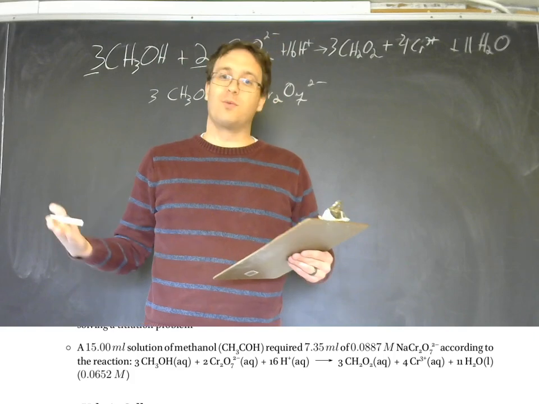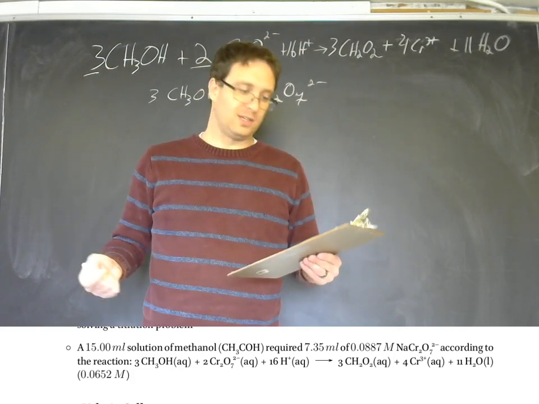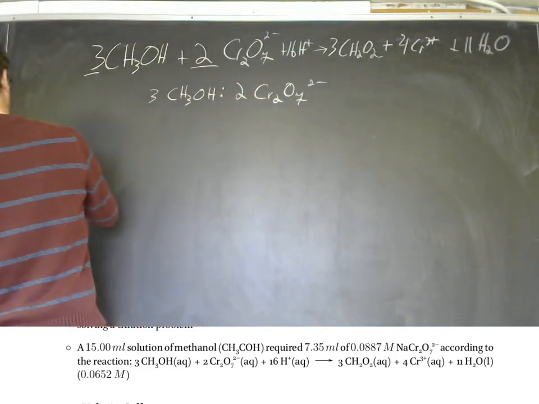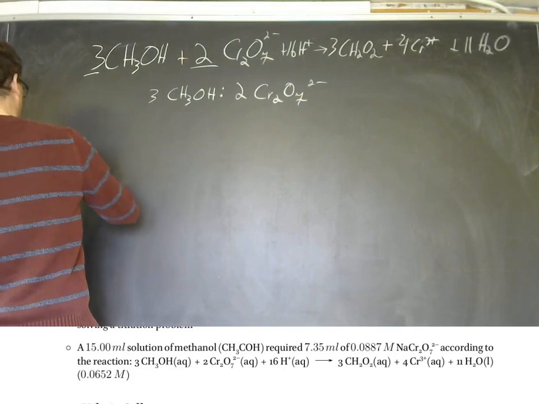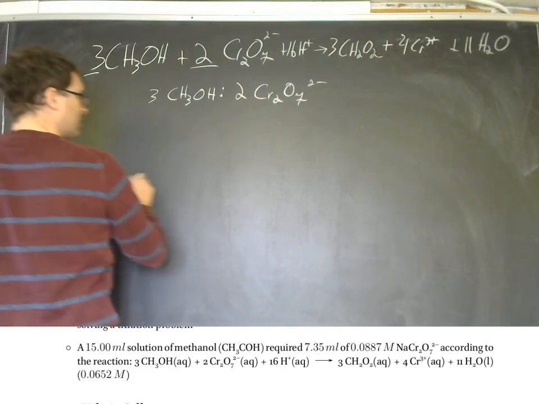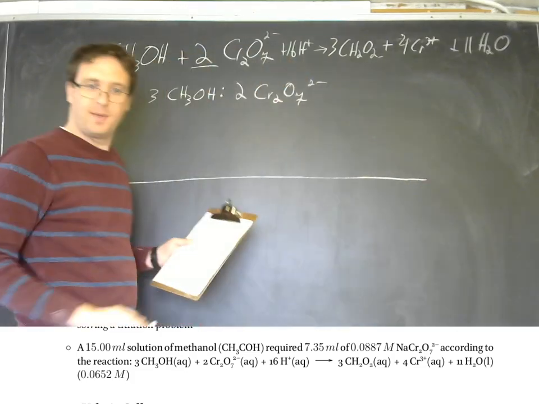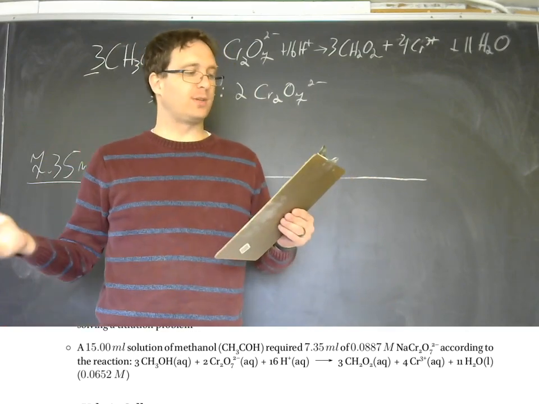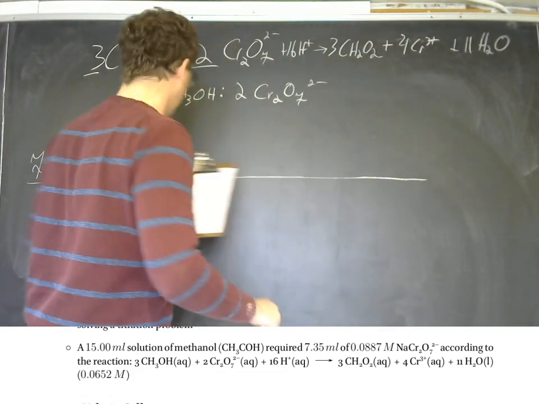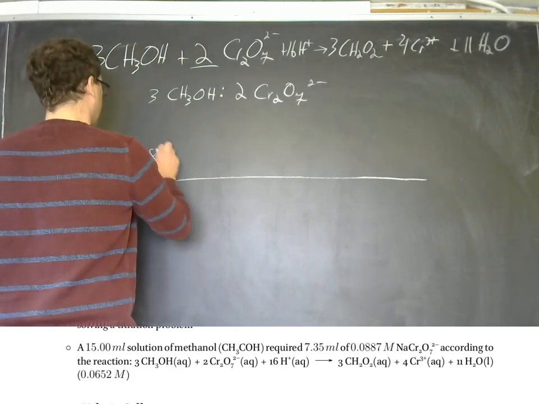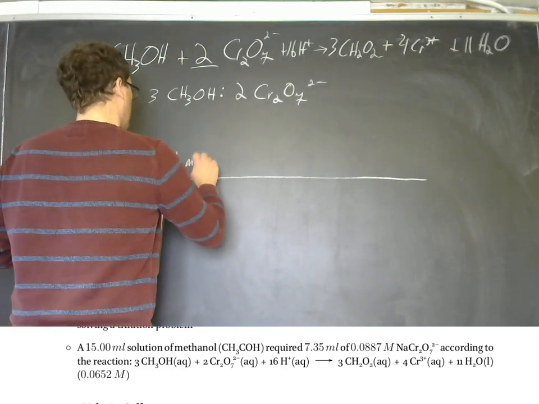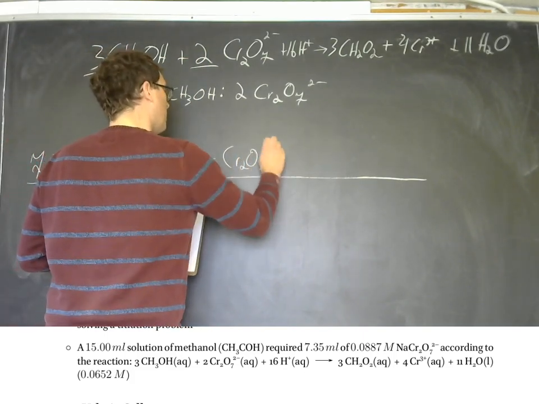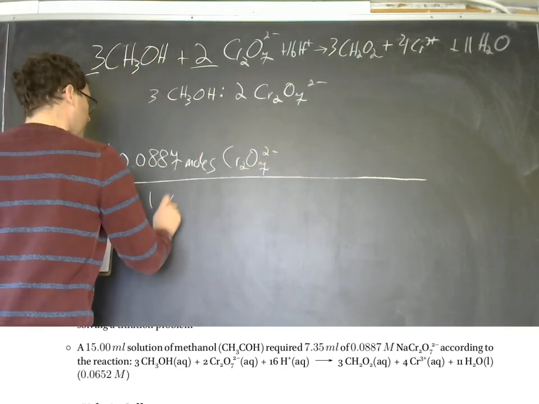We're going to start with the measured amount that is specific to this problem, and that is the volume of titrant, 7.35 milliliters. This is a dimensional analysis problem, so we'll draw a big line there. The molar concentration of the titrant is 0.0887 moles per liter, so 0.0887 moles of dichromate is in every liter.